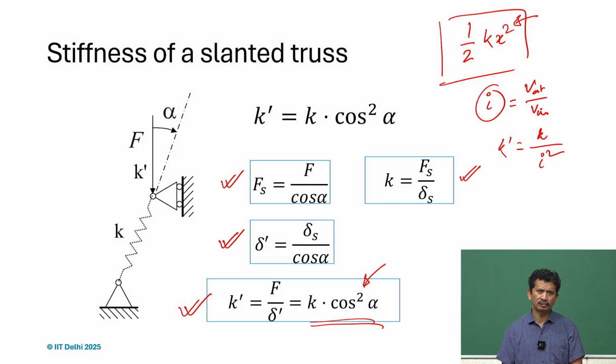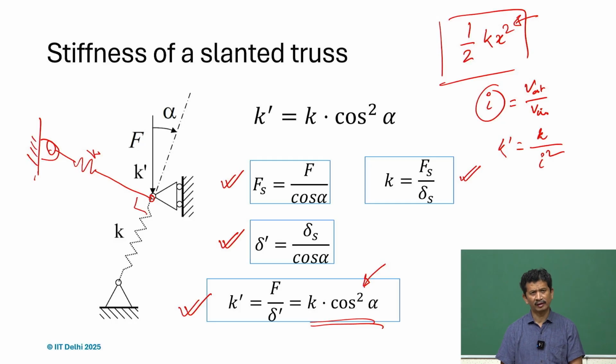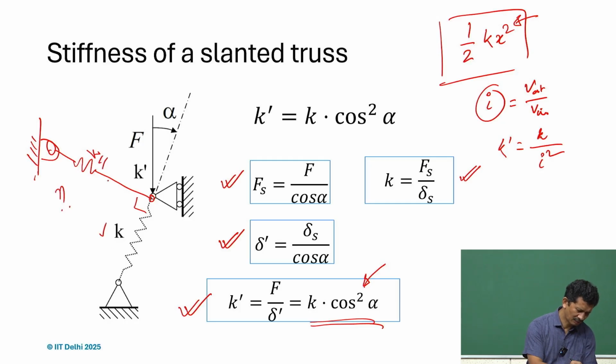Another question we may pose is: what happens if I put another spring k in the normal direction? I think this would be a very good exercise, having the same k, and just try to find it.